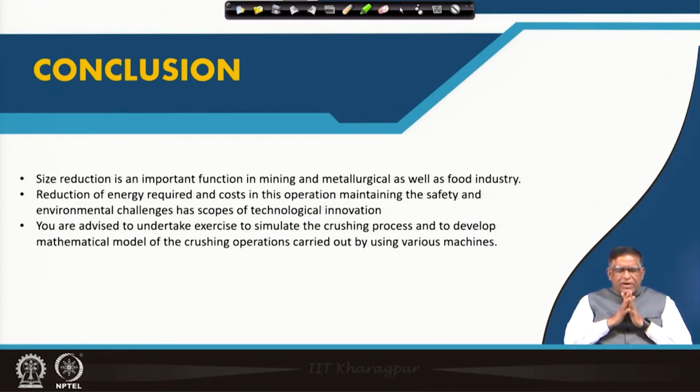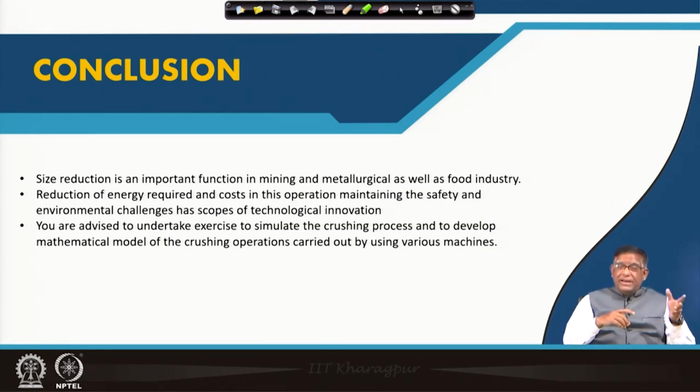You are advised to undertake an exercise to simulate the crushing process and to develop a mathematical model of crushing operations carried out using various machines. I do not know how many of you will be really interested, but simulation and model development for predicting problems are useful.